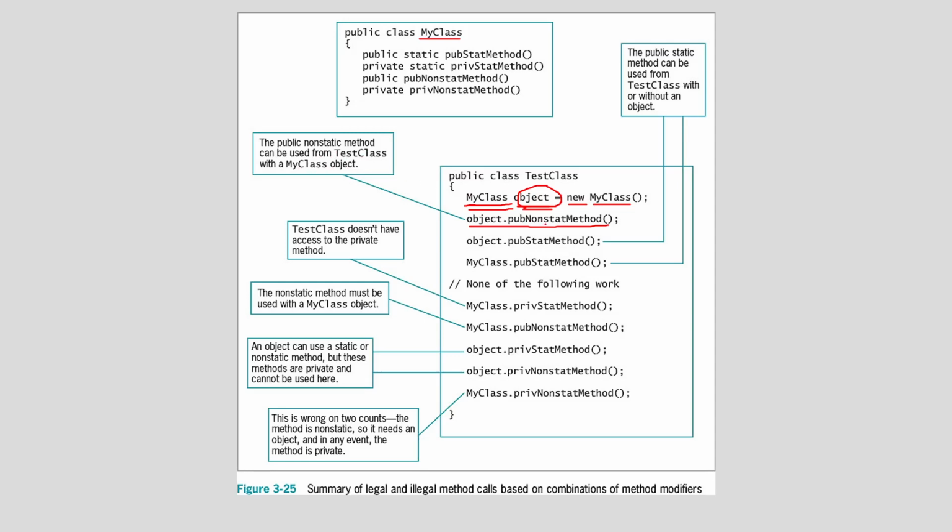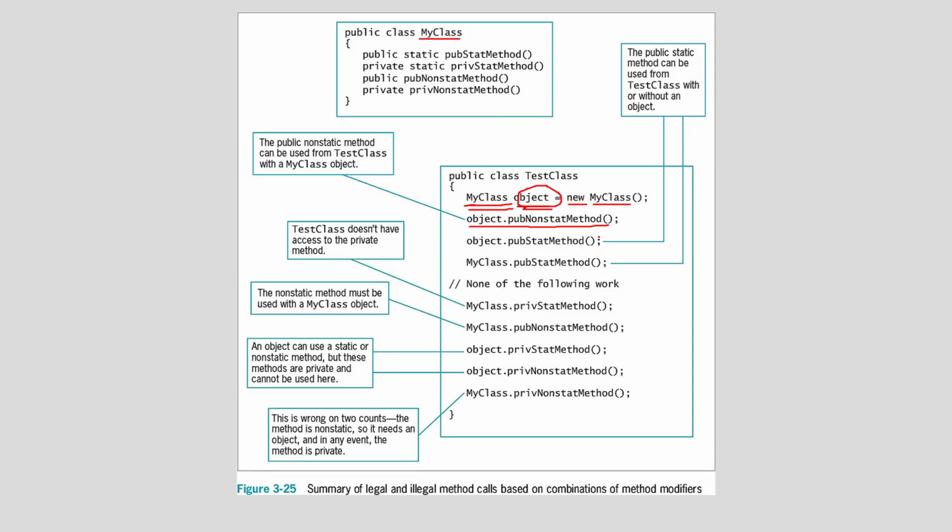So pubNonStatMethod, which is this one, is non-static. Therefore, we can call the pubNonStatMethod in any other class with the use of the object.